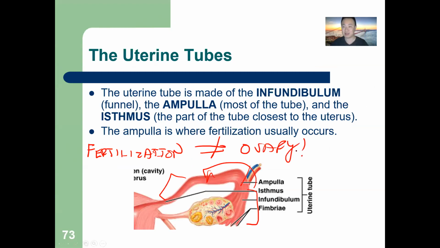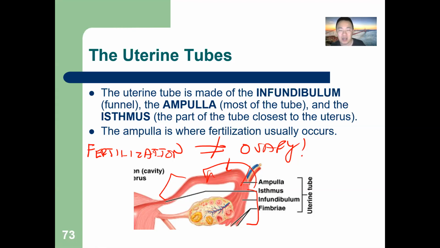My goodness, I get this all the time, every semester. People keep thinking, oh, if the egg cells are made in the ovary, that's probably where fertilization takes place. No, no, no. It happens right here in the fallopian tube. Okay? Apparently half the population thinks that fertilization takes place in the ovary. It does not take place in the ovary.